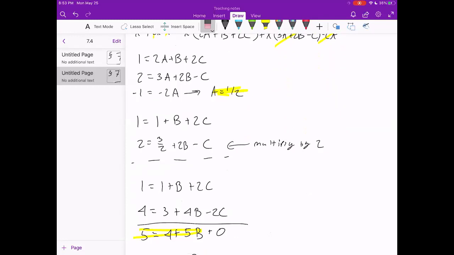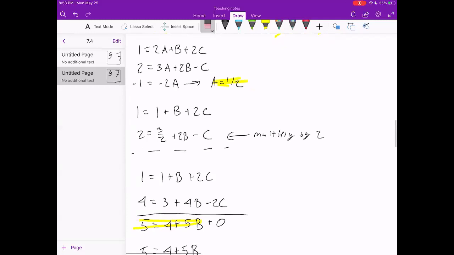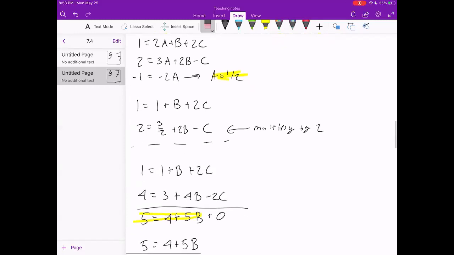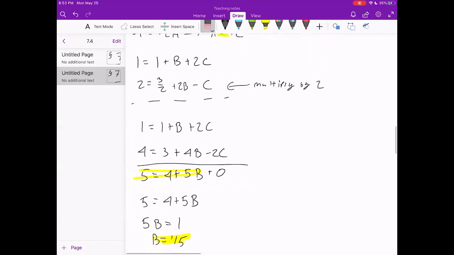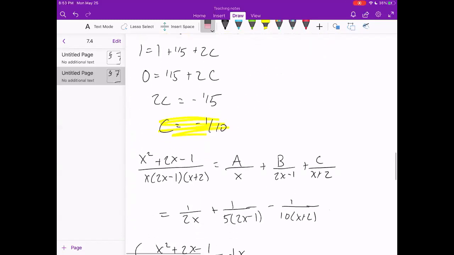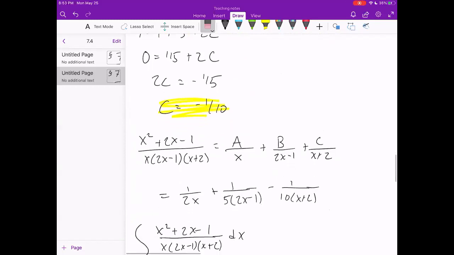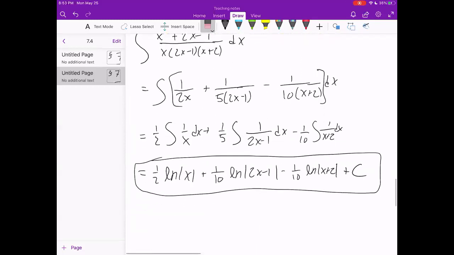Algebraically, that can be solved. As long as you have as many equations as you have unknowns, and as long as 2 of the equations aren't the same equation, this system can be solved for one unique solution for A, B, and C. So I go through and solve those 3 equations for A, B, and C, and I can split this integrand up into 3 much simpler integrands and do the integration that way.